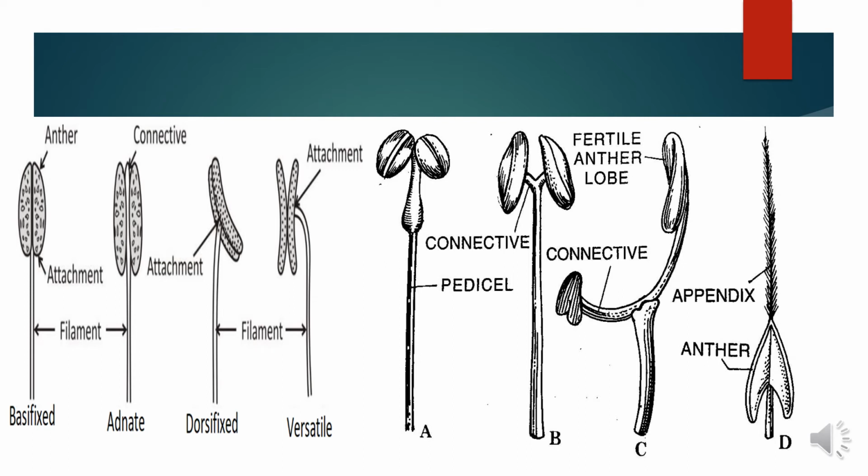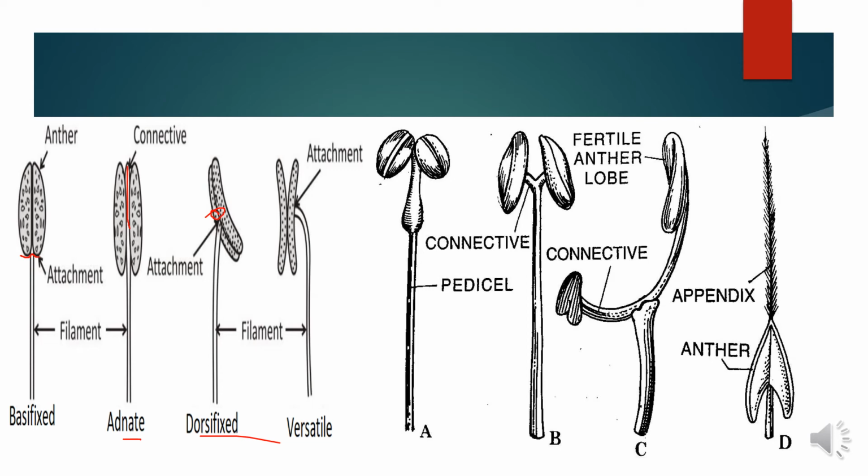Attachment of the anther to the filament. It can be attached at the base, that is called basifixed. It can be attached along the side of the filament, that is called adnate, where we see this is the connective. It can be attached on the dorsal surface, at the central point of the dorsal surface of the anther, so that is called dorsifixed.